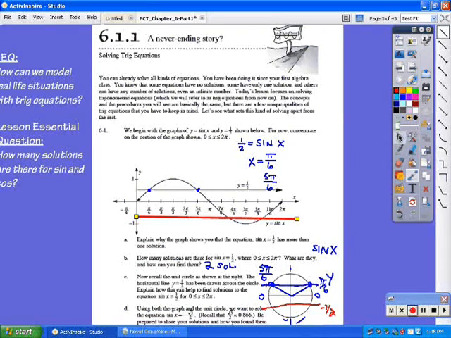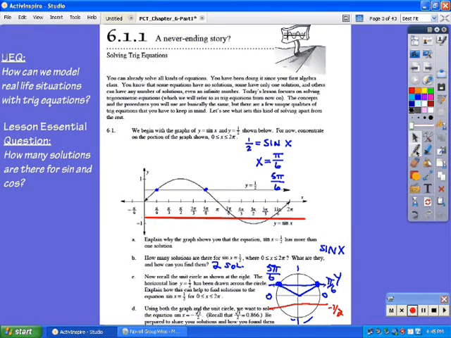And I'm trying to determine where on this line those two intersect. It's pretty evident there that 4 pi over 3, and that's just an estimate, and 5 pi over 3 are my two solutions. I would also know that from the unit circle by locating them on the unit circle.